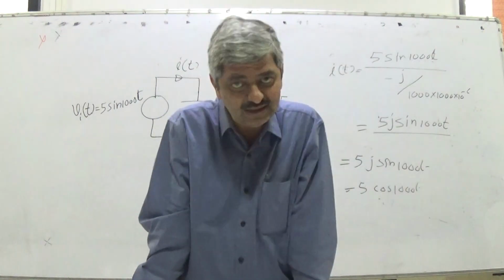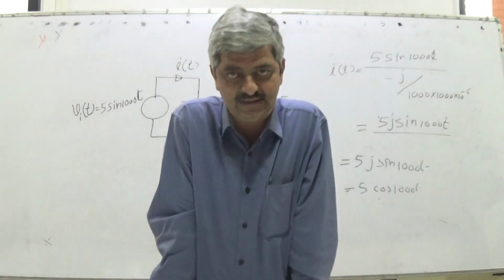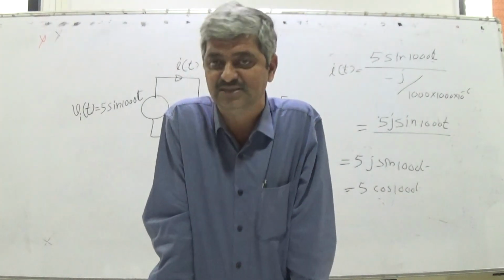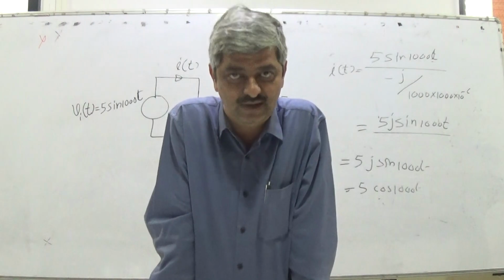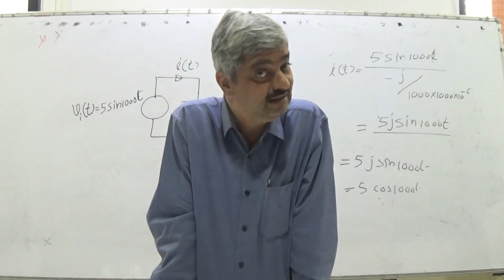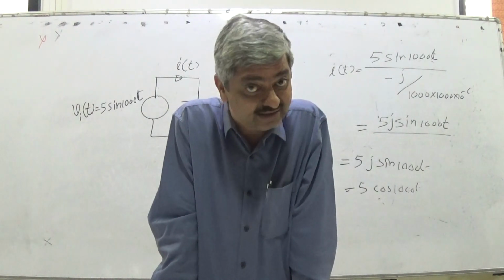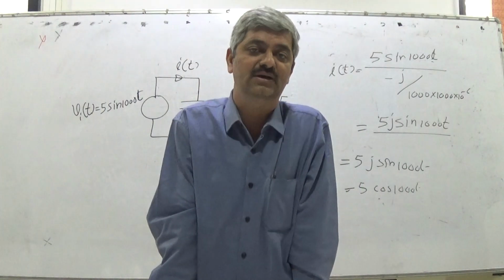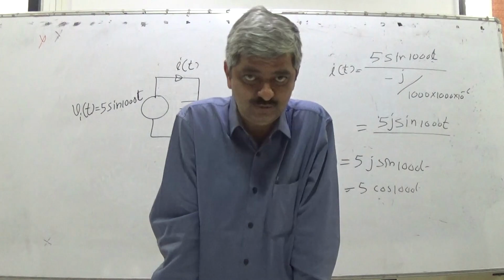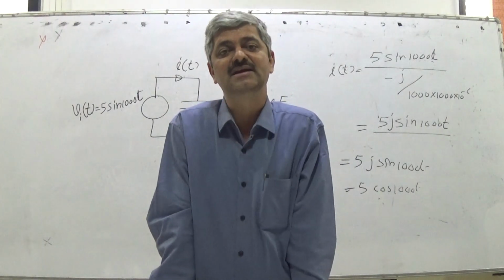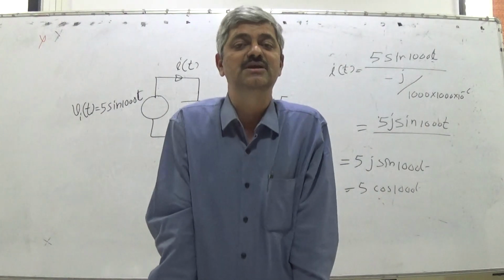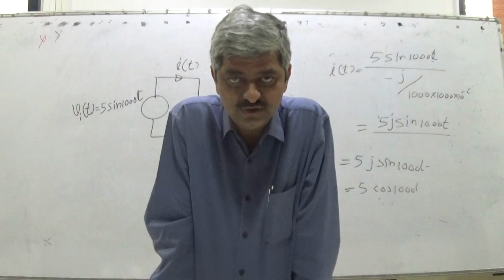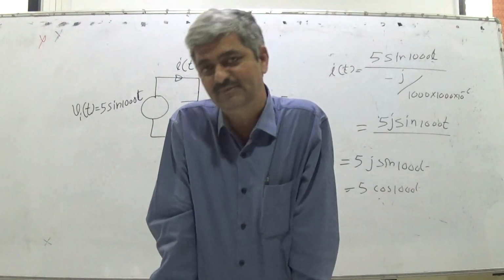Because power in inductor or capacitor is itself a sinusoid wave. In case of a resistor, it is sine square, so power is always dissipated in the resistor. Average power dissipated in the resistor is positive. Average power dissipated in capacitor and inductor is zero. So power is taken and given back.